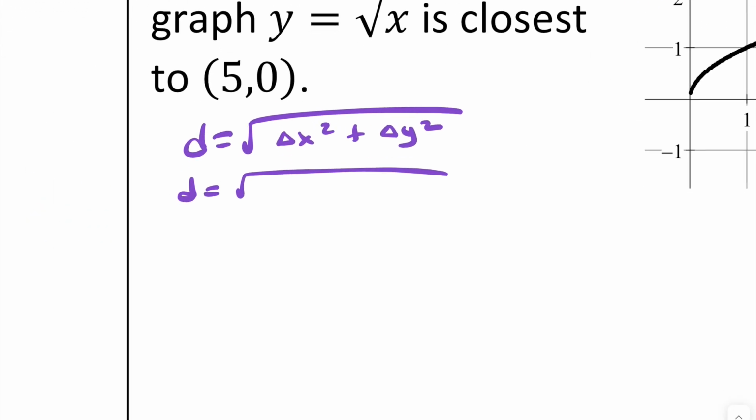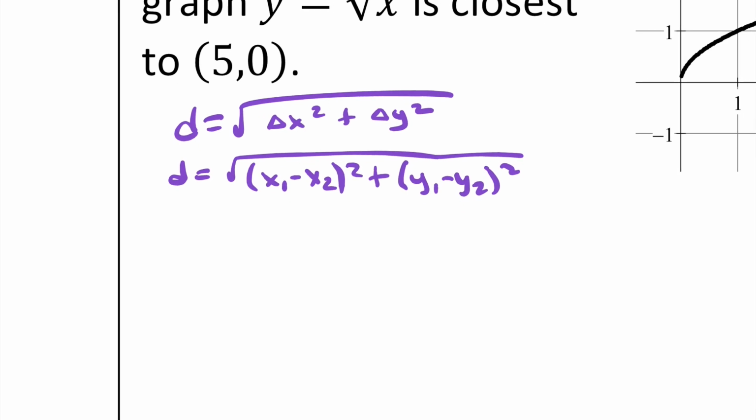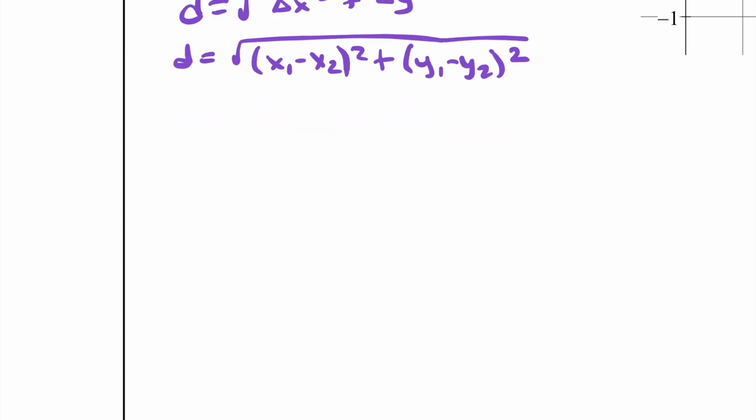So what I'm going to do is rewrite it as x1 minus x2 squared plus y1 minus y2 squared. And let's make that look like a 2. Okay, so I'm going to try to put it in a really nice form here.